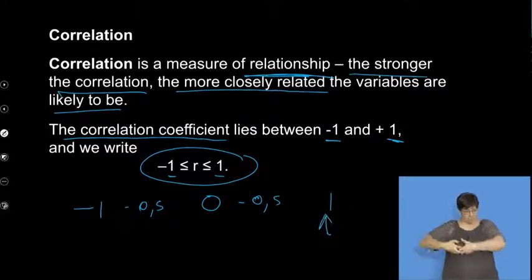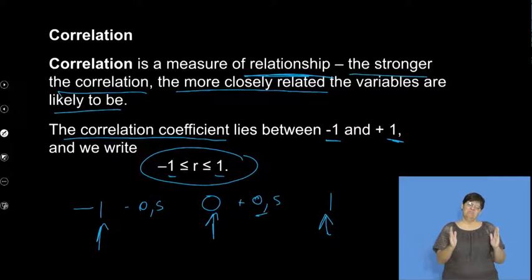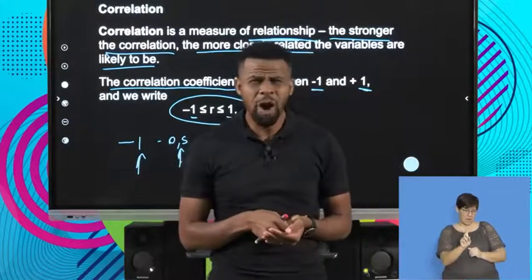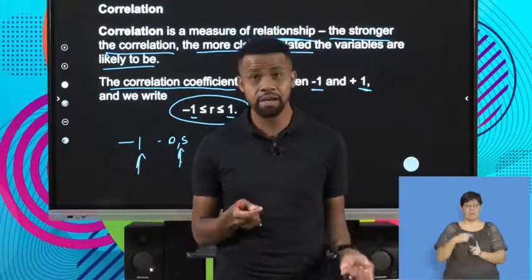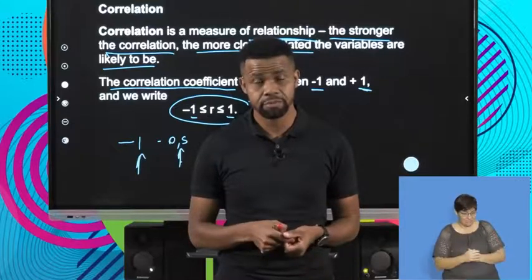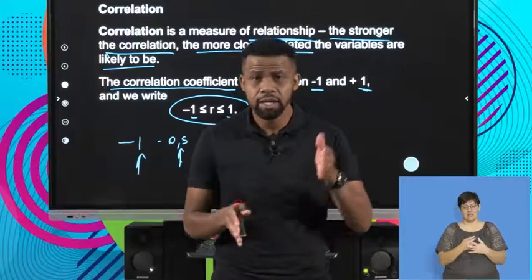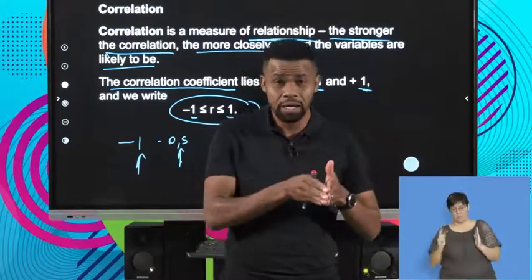This is perfect correlation, which is 1, and this is perfect negative. No correlation there. So this is positive 0.5, a weak positive, and this will be a weak negative correlation, okay? What about 0.1? 0.1 will be a very weak positive correlation. Are we all together? So correlation can be measured, and the value is between -1 and 1.